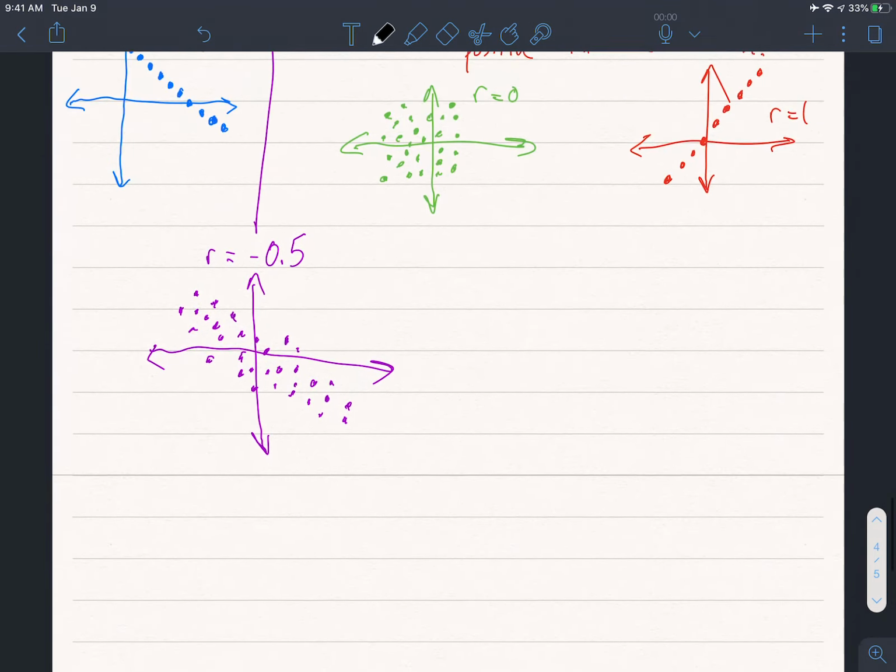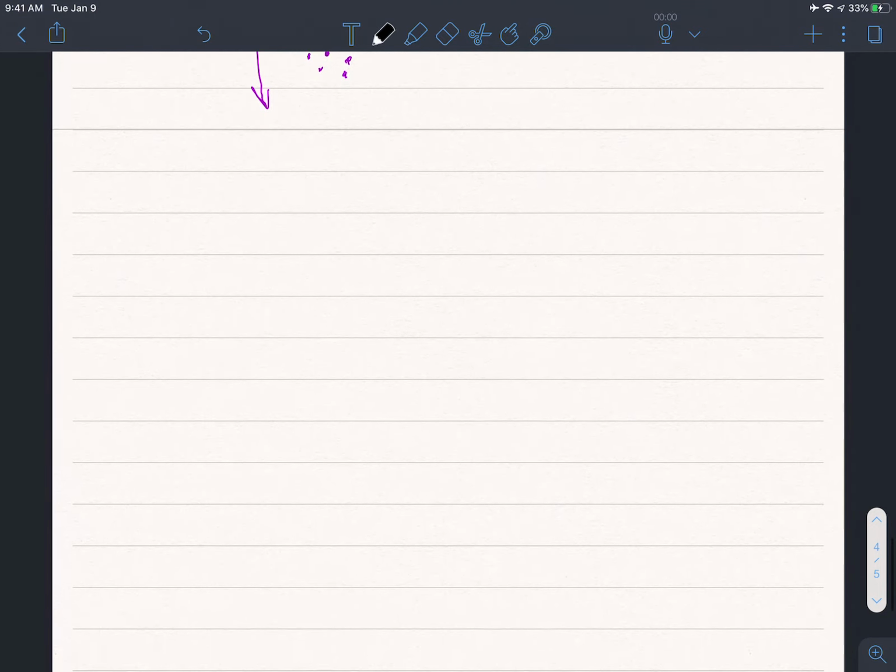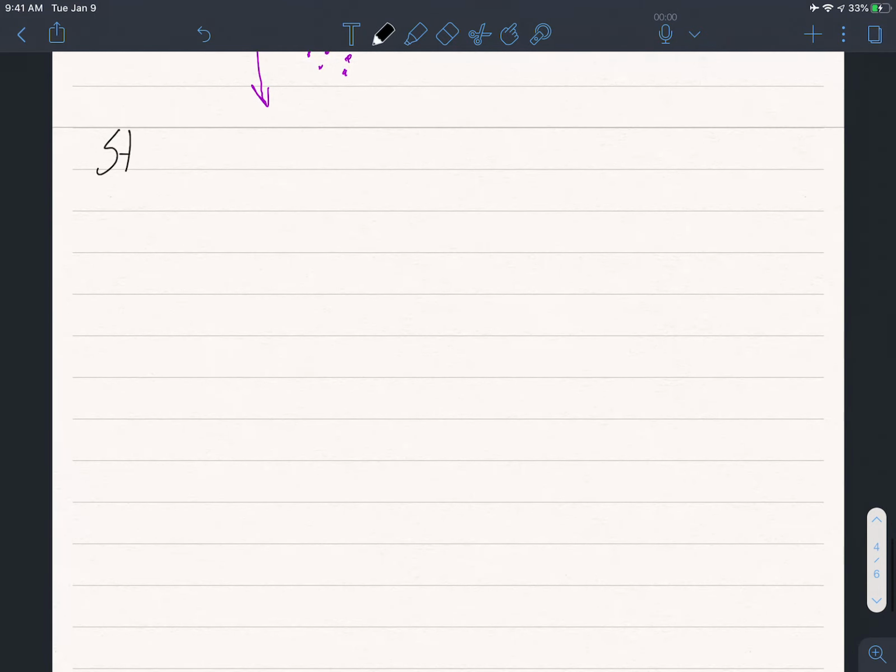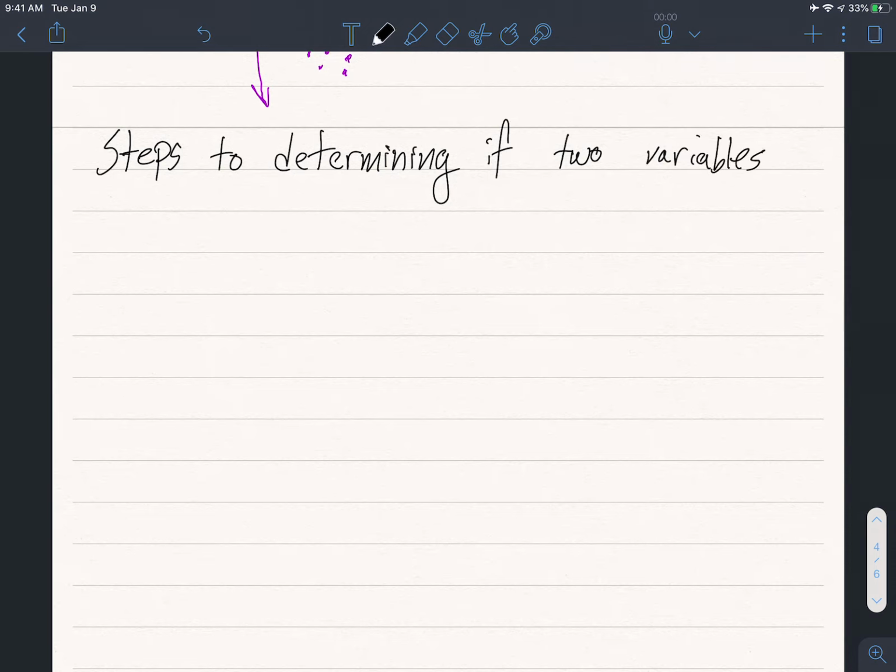It's worth mentioning that R is not the only thing we need. So let's go to steps to determining if two variables are correlated linearly.